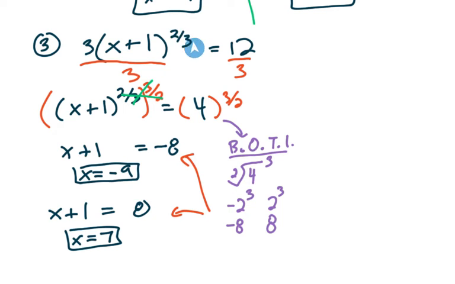The cube root of negative 8 is negative 2, but when we square it, it becomes a positive 4. Positive 4 times 3 is 12. So for this one, we're going to end up with 2 answers. And we're going to end up with 2 answers because we're taking an even root here, the square root.